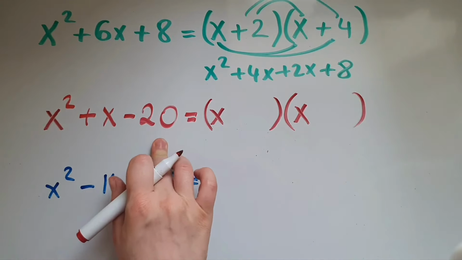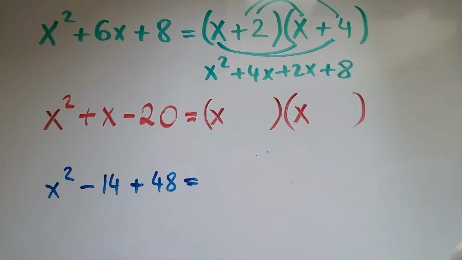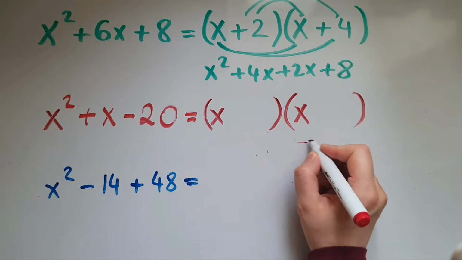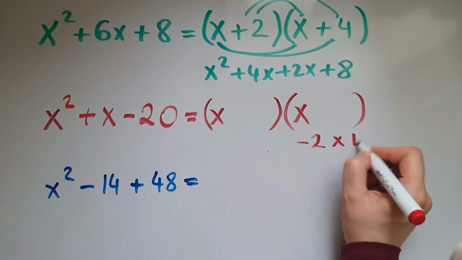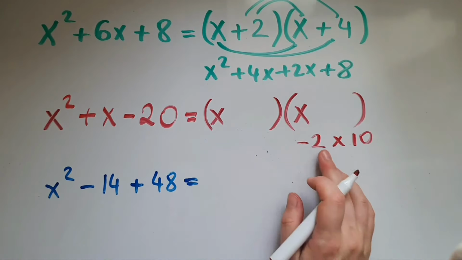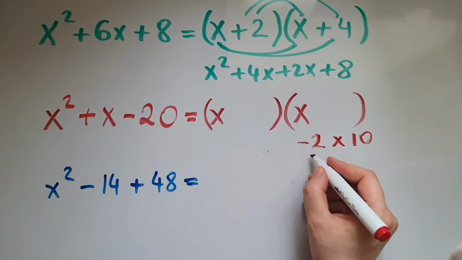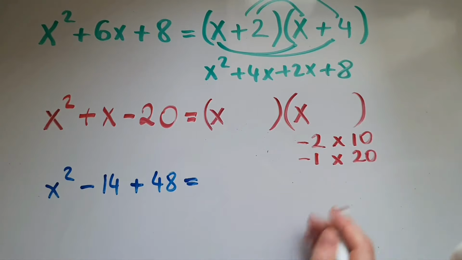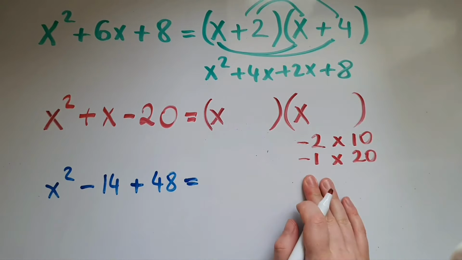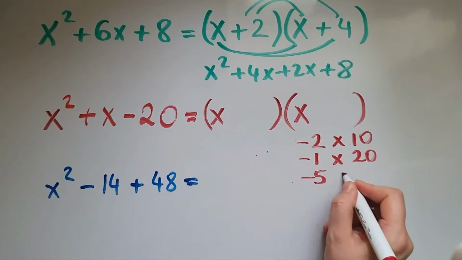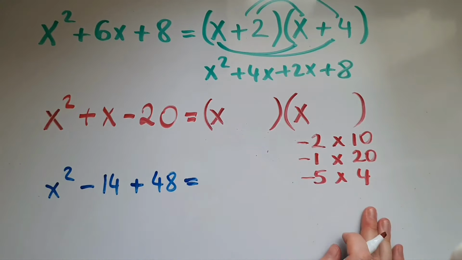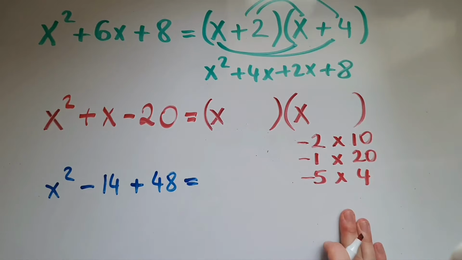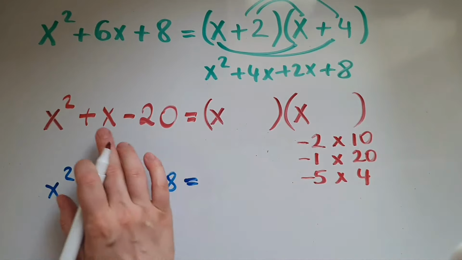So what numbers do multiply to give us negative 20? It could be negative 2 times 10, or negative 10 times 2. It could be negative 1 times 20, or negative 20 times 1. It could be negative 5 times 4. Which ones of these will actually add up to give us 1?